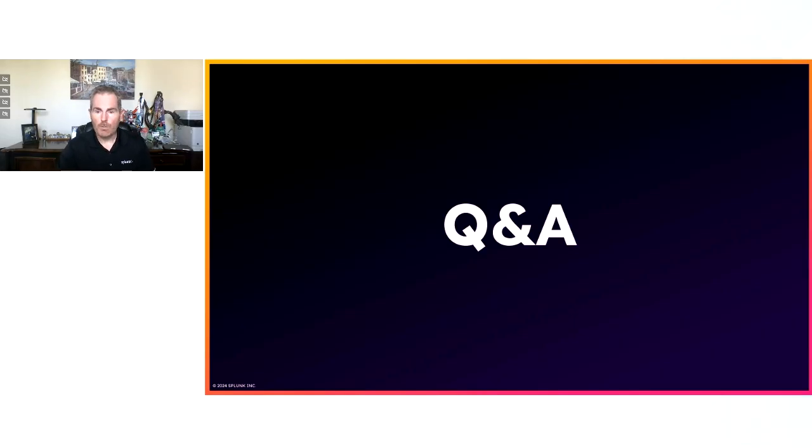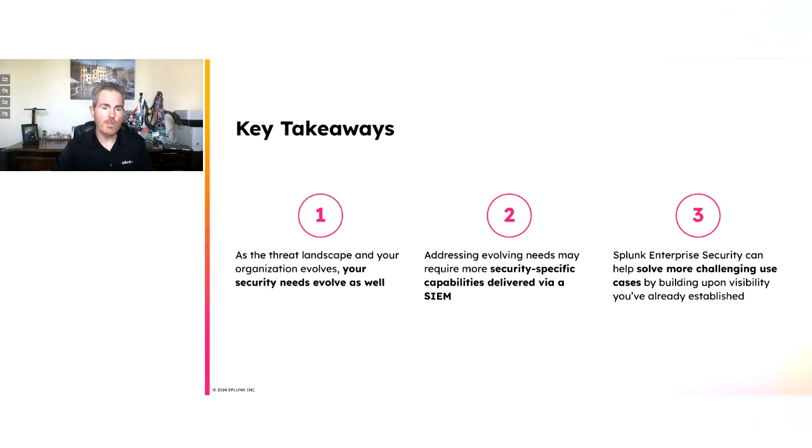Let me also show you a couple of things to wrap up. So the things we focused on today, we had our threat landscape, and as your organization evolves, your security needs have to evolve as well. And we've covered that pretty in depth, talking about the level of detail needed to be able to see what types of threats are present in the environment, how to detect them, and how to remediate them as fast as possible.